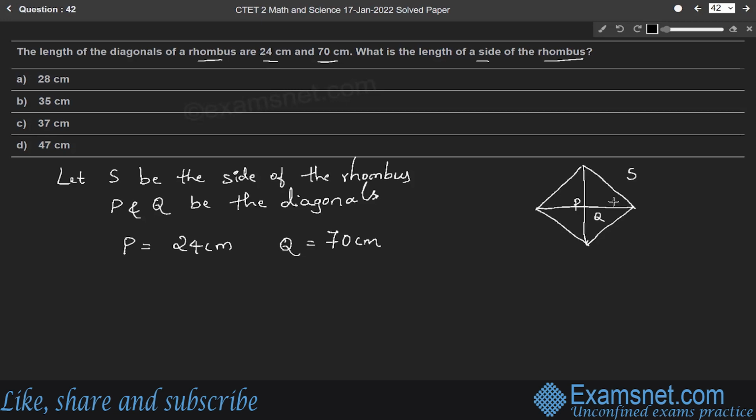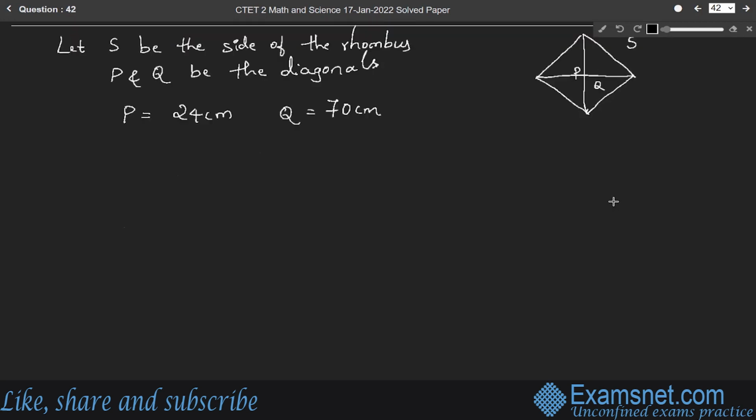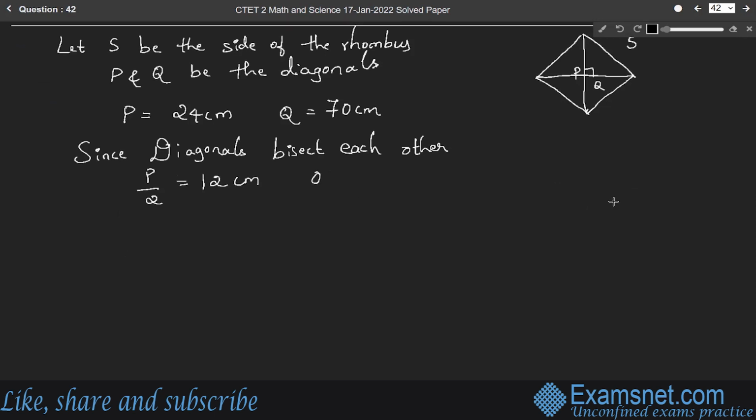And the diagonals bisect each other, right? So in a rhombus, diagonals intersect at 90 degree and diagonals bisect each other. Since diagonals bisect each other, P by 2 is 12 centimeter, Q by 2 is 35 centimeter.